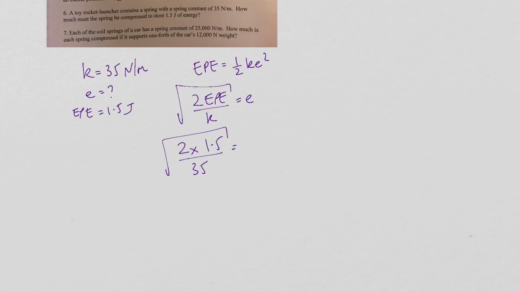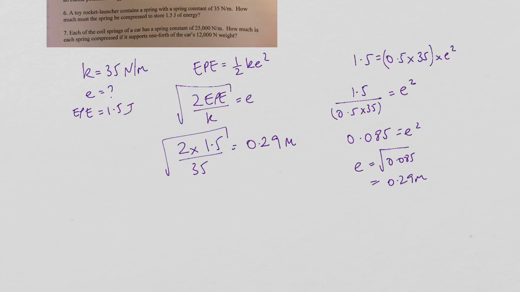So EPE equals a half ke squared, and like the last one, you can put the numbers in first or rearrange it first. 2 EPE over k square rooted is going to give us e. So 2 times 1.5 over 35 square rooted equals 0.29 meters. And if you prefer putting the numbers in, pause the video and work through what I've done just there.